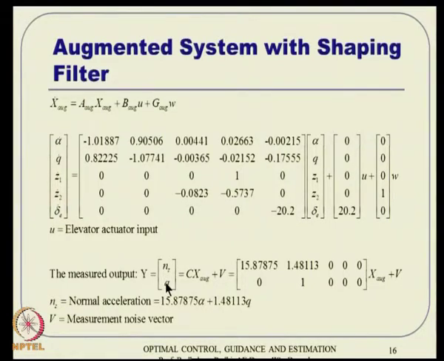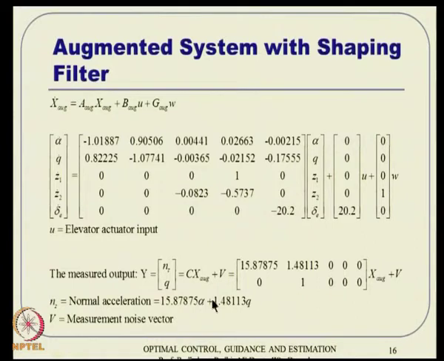So, these 2 sensor outputs are available with us, and this can be represented like this. And normal acceleration, remember, has to be represented in the form of alpha and q. Remember that the output equation should be a function of states only. So, nz is a function of alpha and q this way.